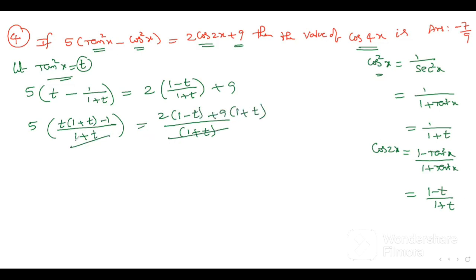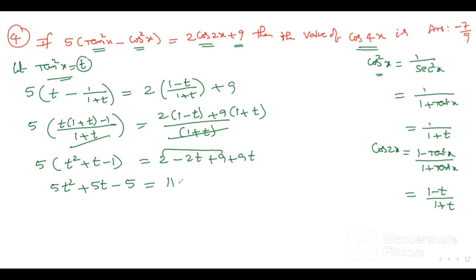Here 1 plus t gets cancelled. 5 times, t multiplied to all, what we get? T square plus t minus 1 is equal to 2 multiplied to 1 minus t, 2 minus 2t plus 9 plus 9t. Here 5t square plus 5t minus 5 is equal to 2 plus 9 is 11, plus 7t.